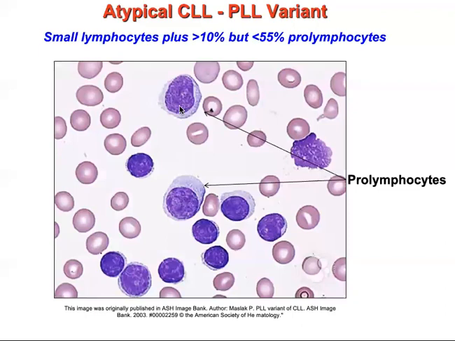Okay, they have punched out nucleoli, very prominent nucleoli on these prolymphocytes. And I did say last time that nucleoli are very prominent in blasts, in promyelocytes, and also in reactive cells.